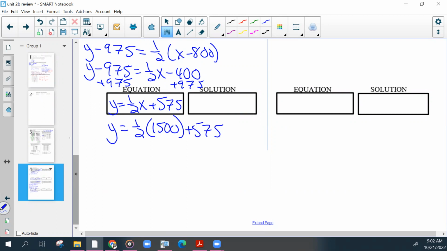And we would put that in and solve to get our answer. 1,325. So we all got that would be the answer. Other questions on this page?